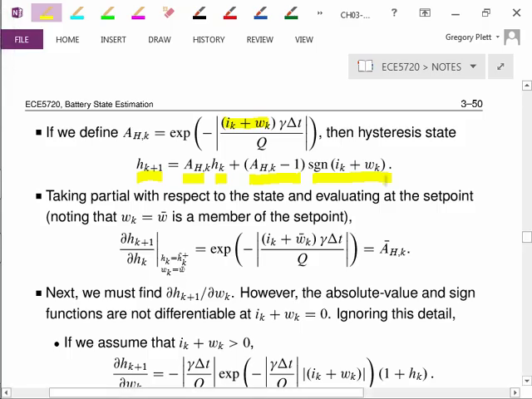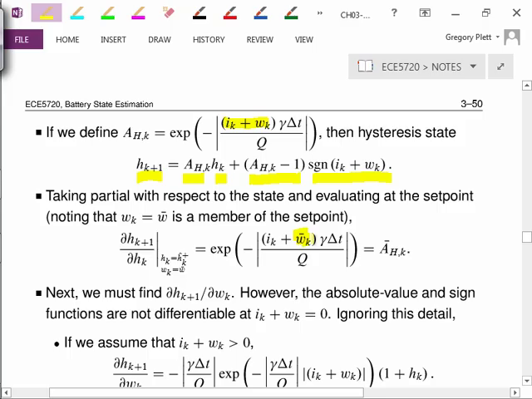Taking the partial derivative of the state equation with respect to the previous H, we just get AH bar, which is AH evaluated at this W bar input.